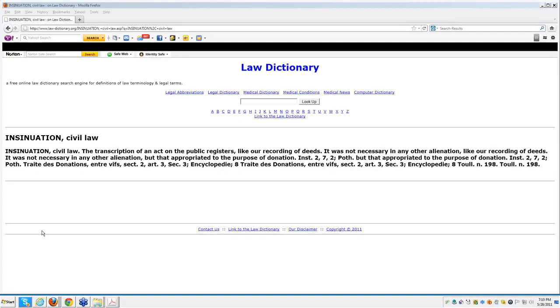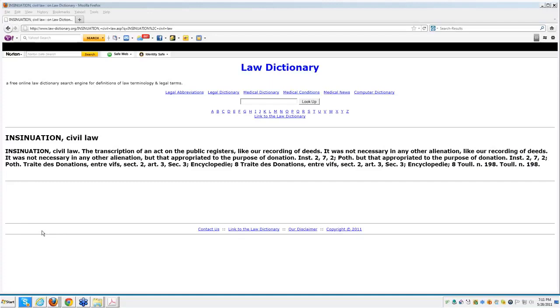All right. What does this say? Insinuation, civil law. The transcription of an act on the public registers, like our recording of deeds, was not necessary in any other alienation but that appropriated to the purpose of donation.